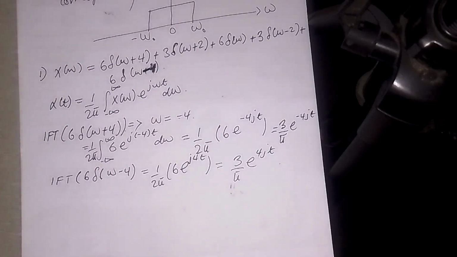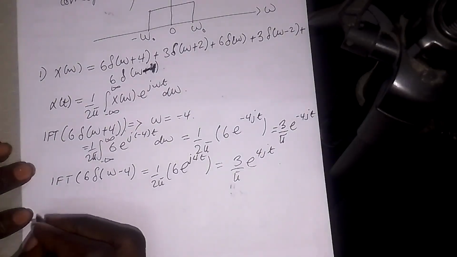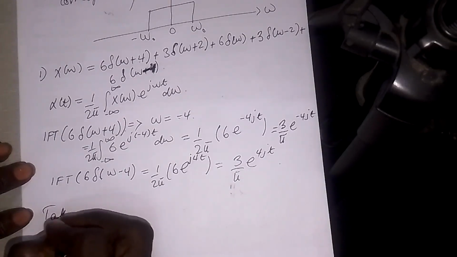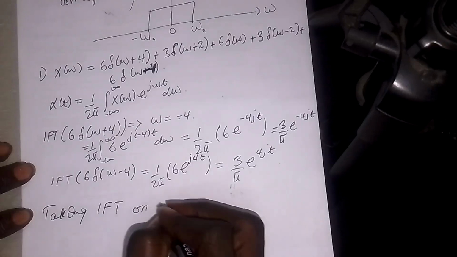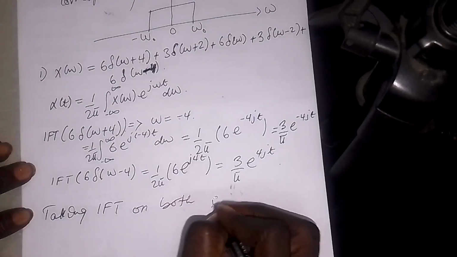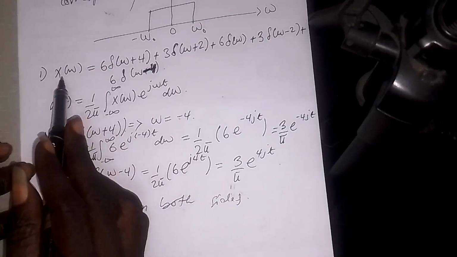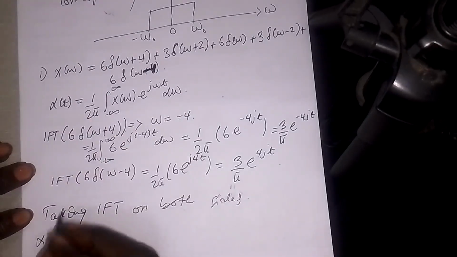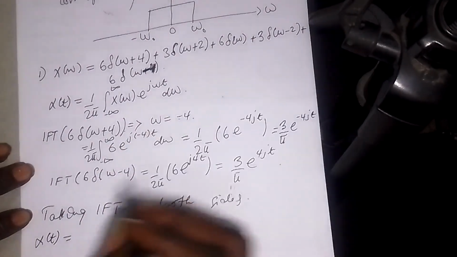Okay, so now having done these two, I can just straight away do it for all the rest. So now taking the inverse Fourier transform on both sides, my X of omega will become x of t, equal to the rest here. I'll just do it for them.